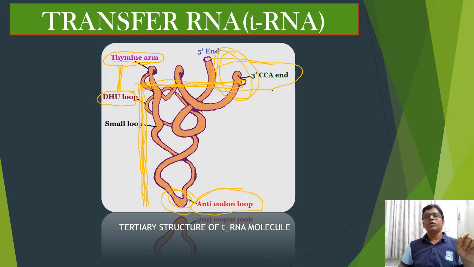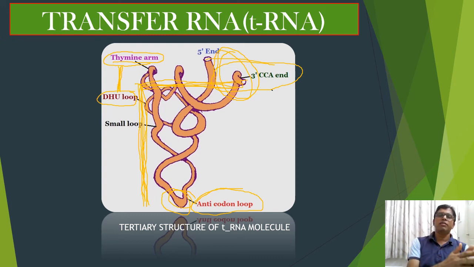In this way, the tertiary L-shaped structure is formed in the tRNA molecule. Both the cloverleaf secondary structure as well as the L-shaped tertiary configuration are stabilized by hydrogen bonds.